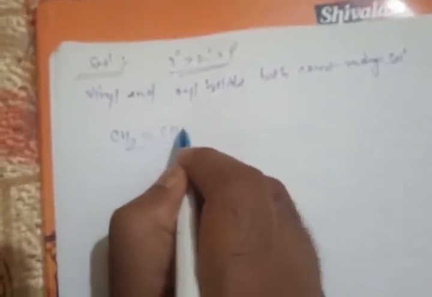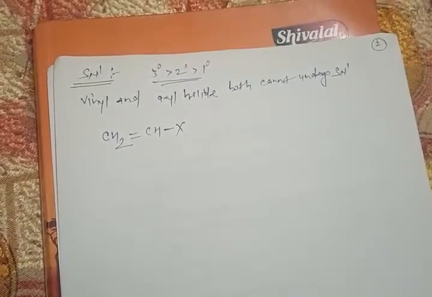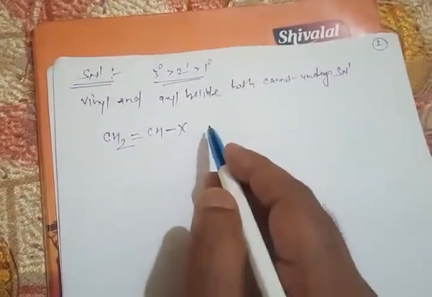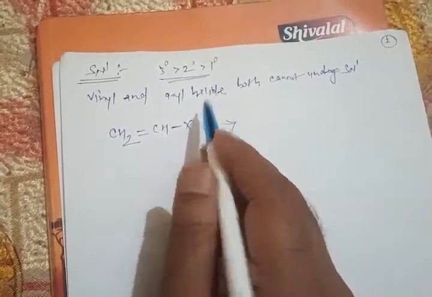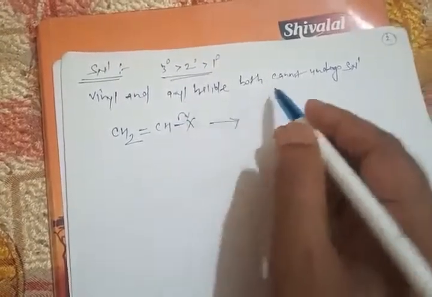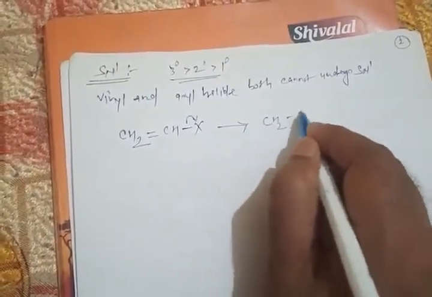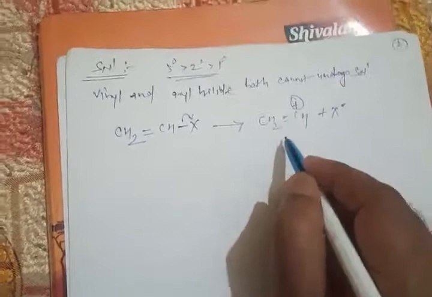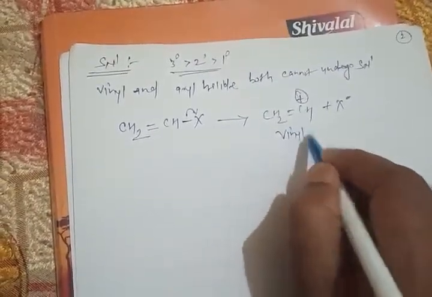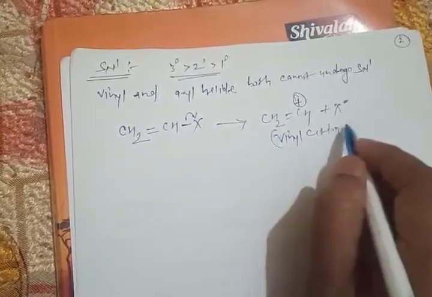But if you go for the vinyl, CH2 double bond CH and X, formation of carbocation occurs because X is a highly electronegative element, so it will abstract electrons, and this will generate a carbocation by release of the halide ion. So this is vinyl cation.